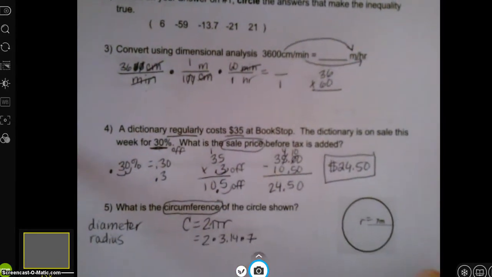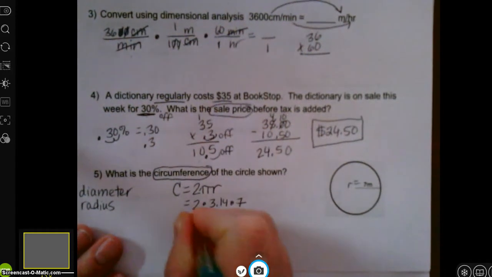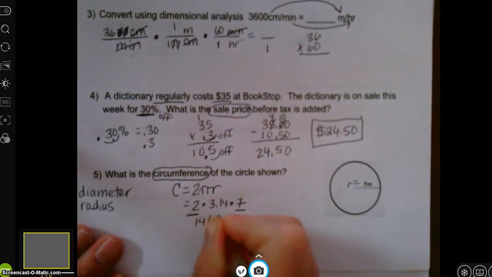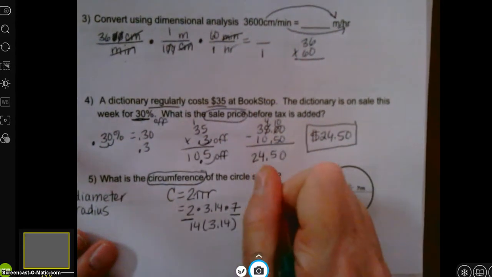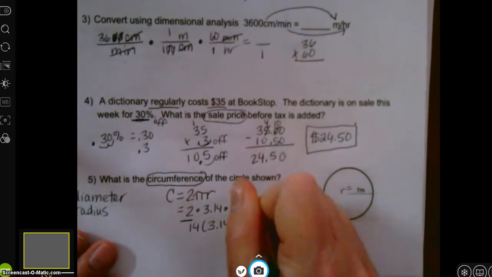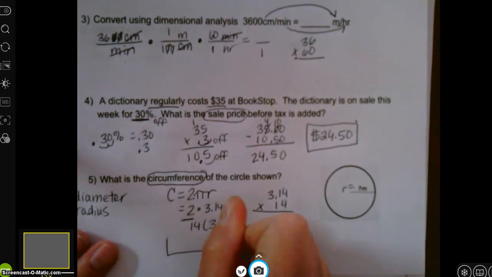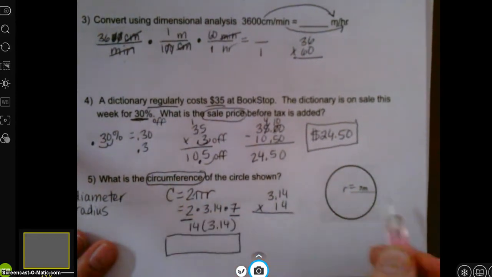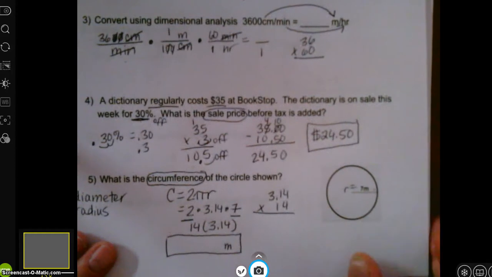Now from this point, guys, it does not matter how you multiply. I'm going to multiply 2 times 7, which is 14, times 3.14. Okay? 3.14 times 14. Your job is to multiply that and to come back over here, put your answer here, and make sure my units are meters. So that's your job, is to multiply that.